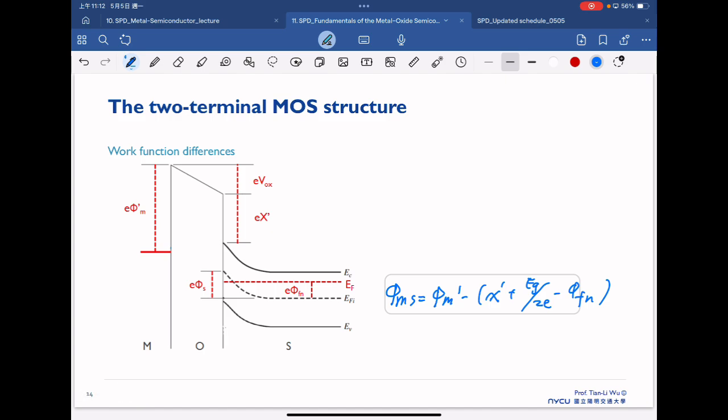That's the difference, because in any case the metal work function and the semiconductor is always different. So we have an equation to estimate this difference.